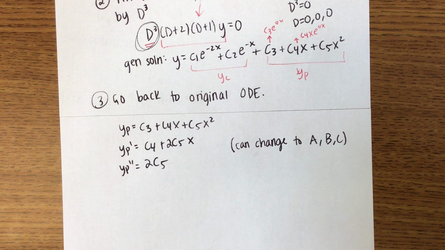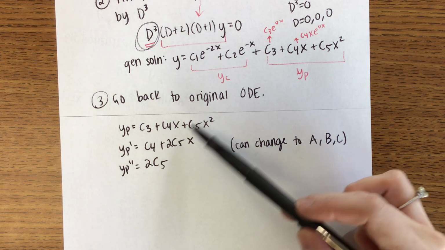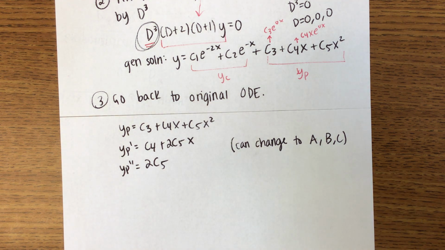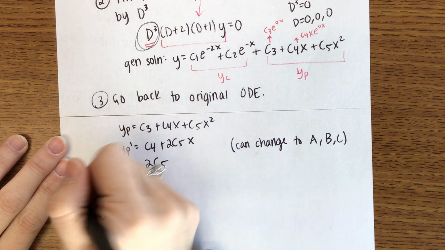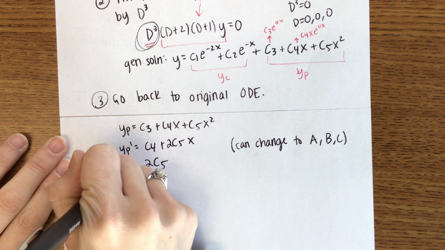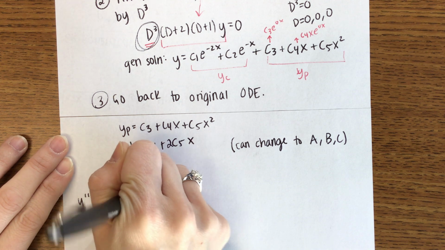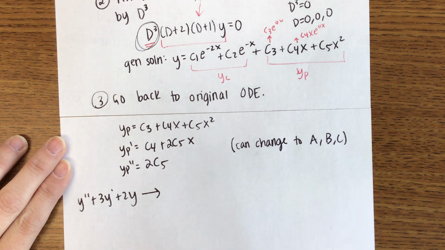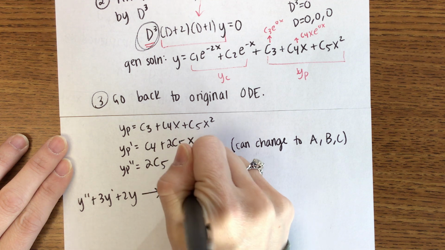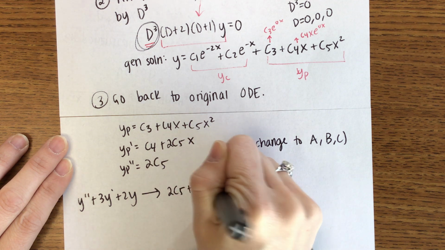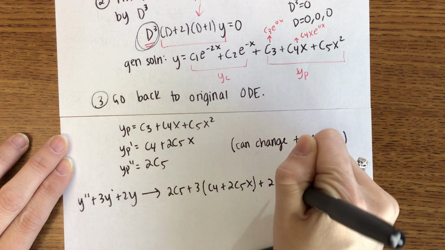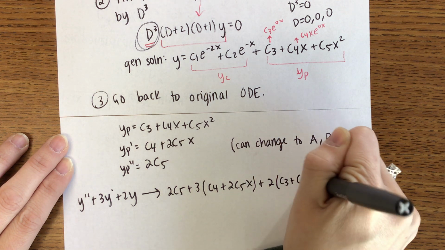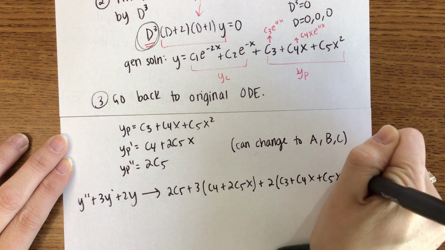Okay, so now we are going to substitute all of these into the original differential equation. Okay, so it was y double prime plus 3y prime plus 2y. That gives us 2c5 plus 3, the quantity c4 plus 2c5x. Add 2 times c3 plus c4x plus c5x squared.